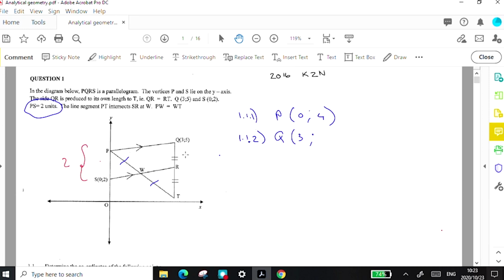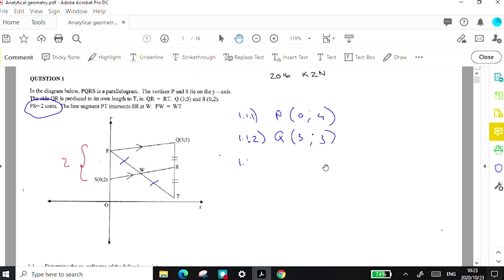So it is 5 minus 2, which is equal to 3. To get this length, all you need to do is take the 5 units length minus the 2 units. That will give us the distance from the x-axis to R, which is 3.